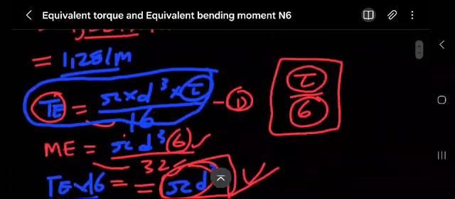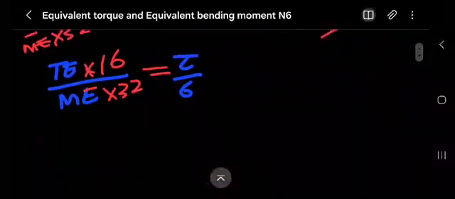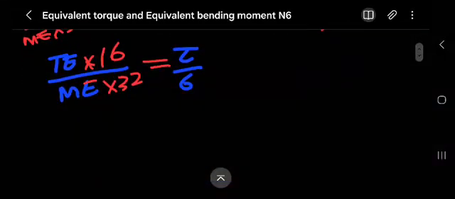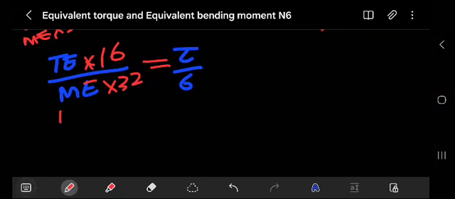It's 1,281. So τ_E, if I replace it with 1,281 M, I still multiply by the 16 here. I still have 16.